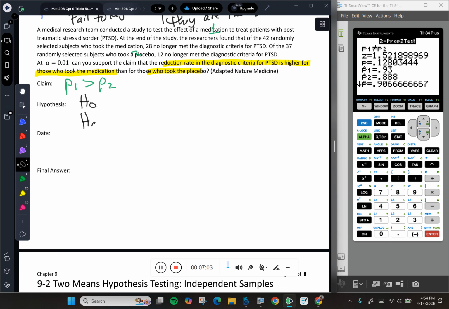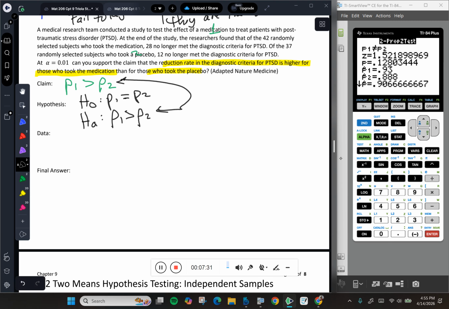Since our claim does not include equality, it's the alternate. So our claim is the alternate here, and our null would be that they're equal or less. But we write just equal because that's how the authors of the book set it up.